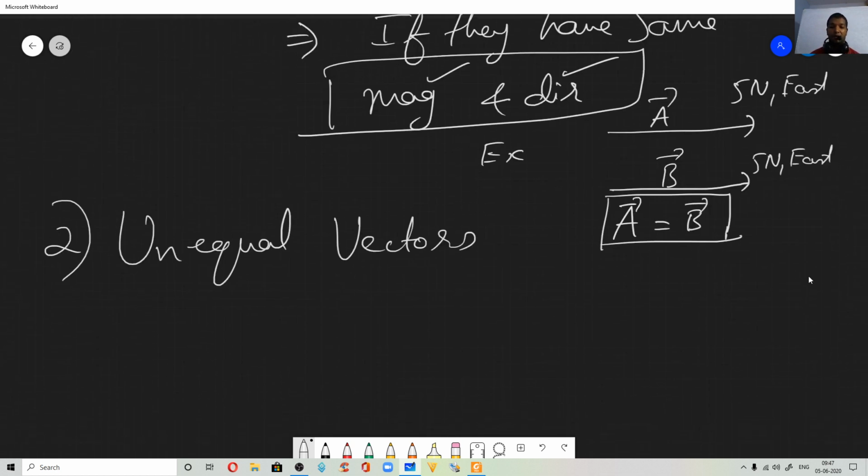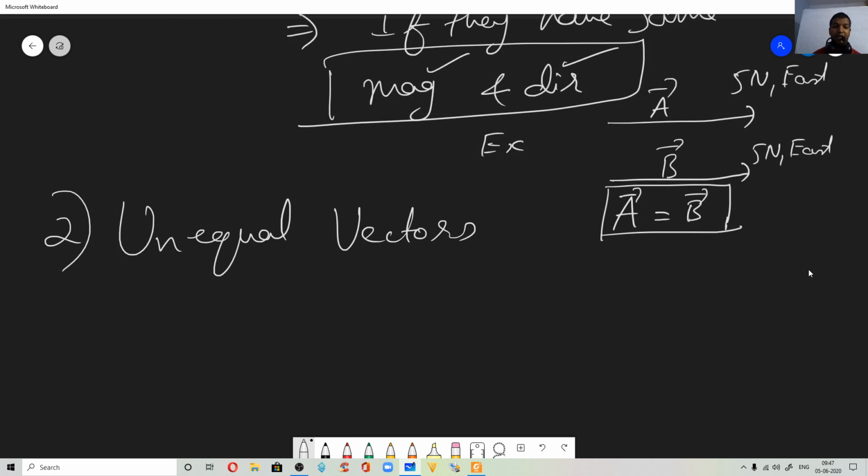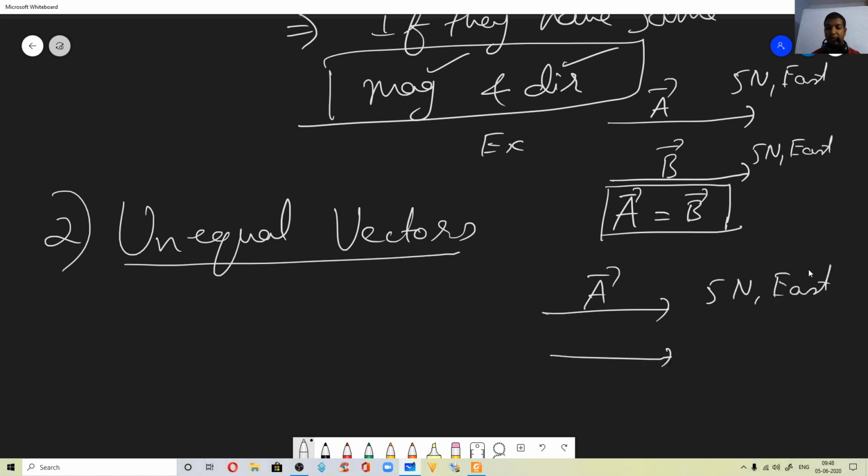Now what are unequal vectors? I think you got the idea. If the vectors do not have equal magnitude or the same direction, then you can call them unequal vectors. For example, say vector A is 5 Newton, due east, and vector B is also in the east direction, but it is not equal to 5 Newton.